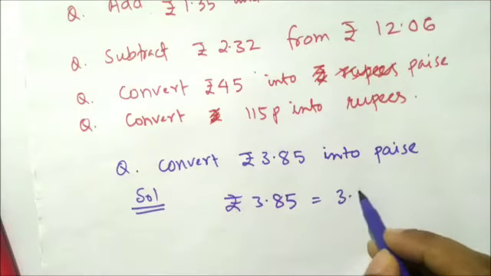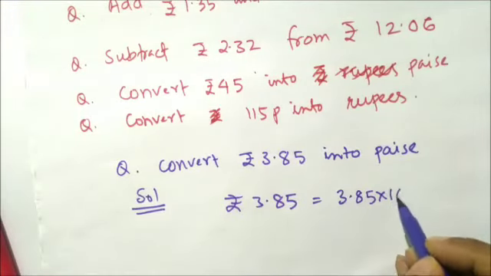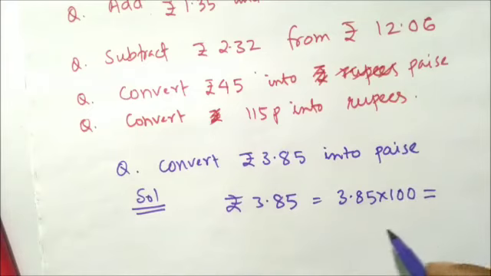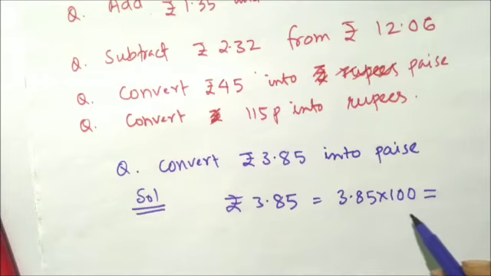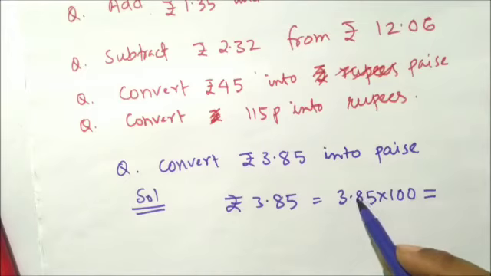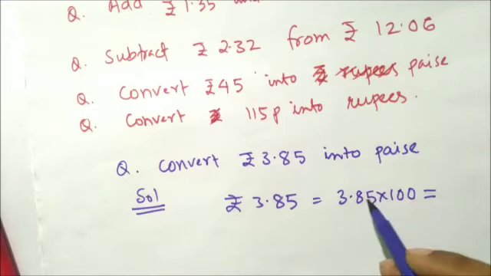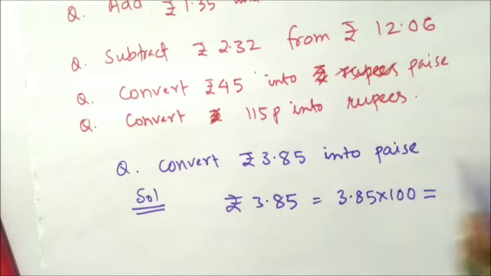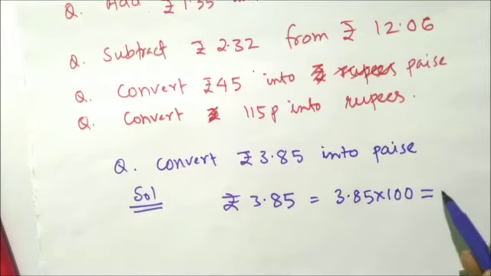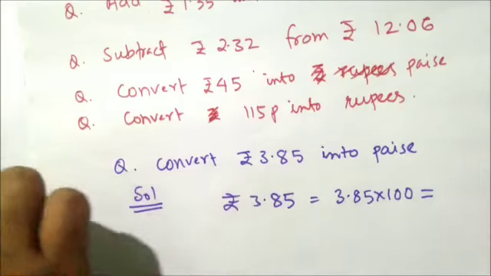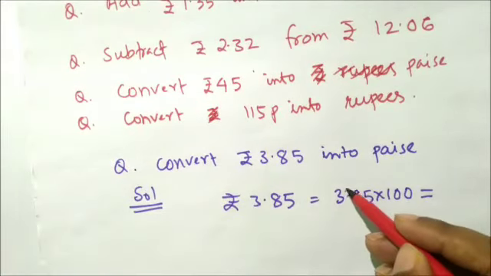So 3.85 into 100. Whenever multiplying by this type of number, either 10, 100 or 1000, you count the zeros and move the point that many places to the right. Here we have two zeros, so we will move this point two places this side.